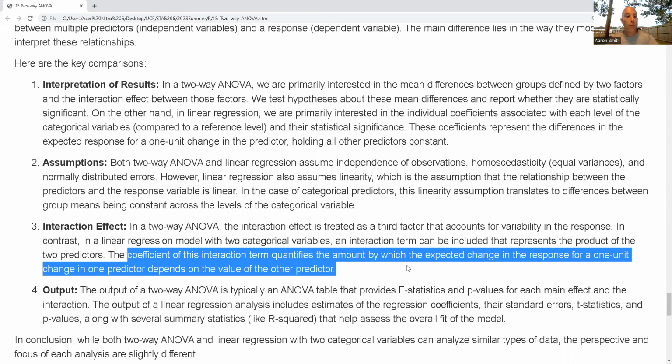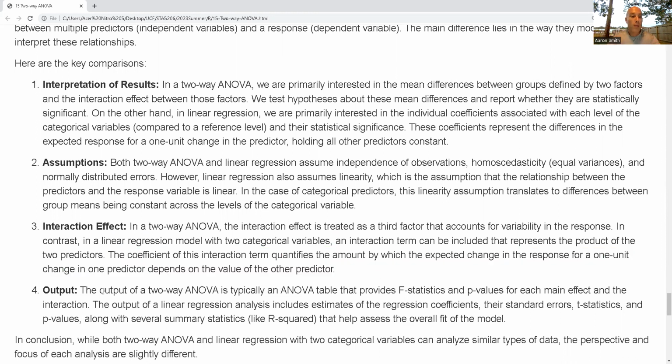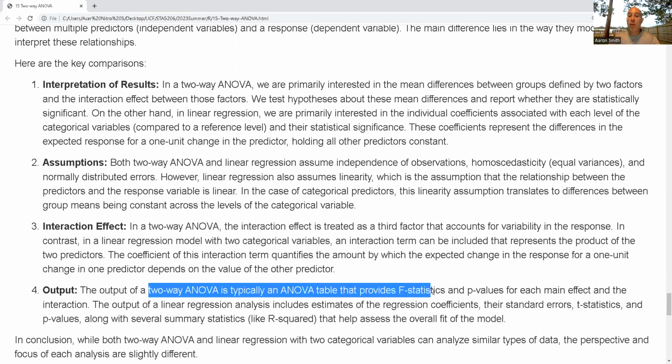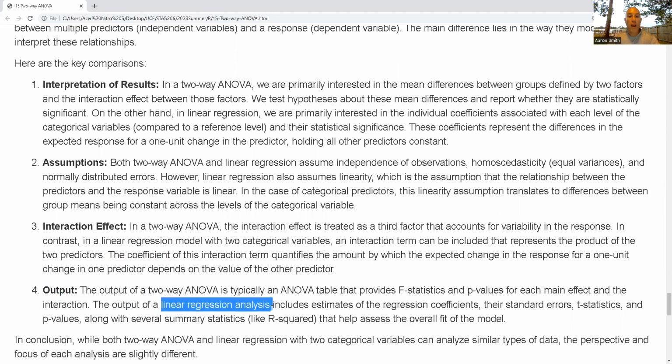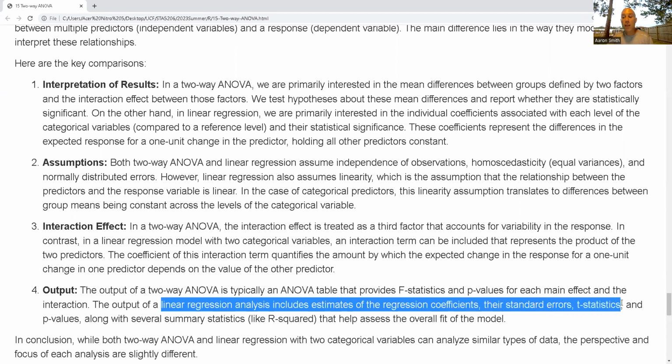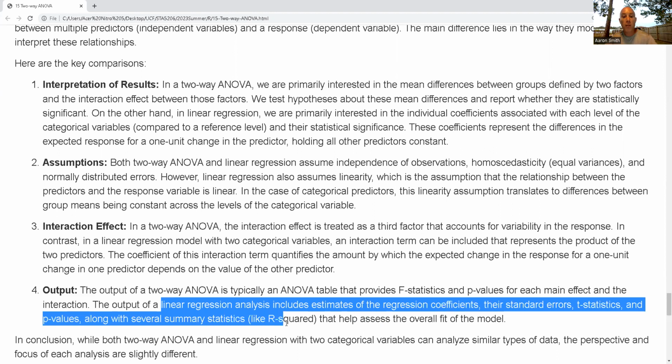They're excellent choices. Now for output, two-way ANOVA typically gives us an ANOVA table that provides an F statistic and p-values for the main effects and the interaction. The output of a linear regression analysis includes estimates of the regression coefficients, standard errors, t-statistics, and p-values, along with several other summary statistics like R-squared that help us assess the overall fit of the model.